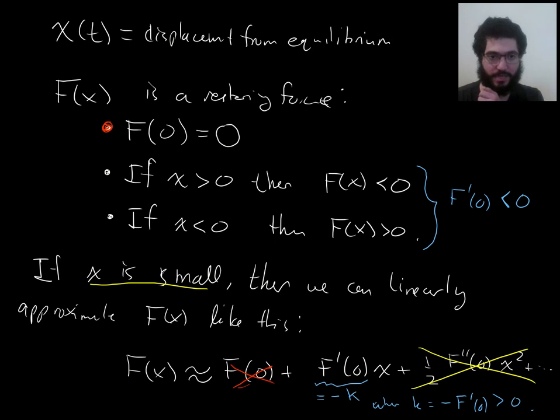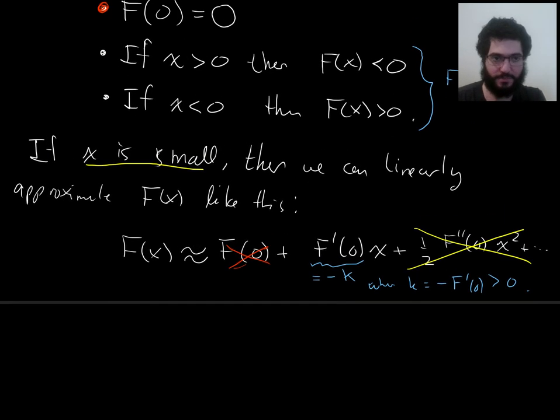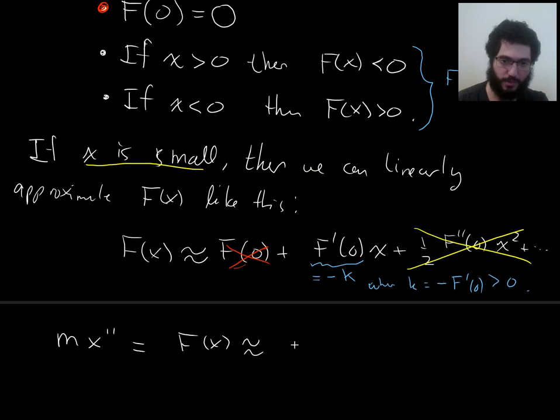So look what we got. Just from assuming we have a restoring force and focusing on very small oscillations about equilibrium, so small x, we have, for our differential equation, mx'' equals f of x is approximately equal to negative kx, where k is positive.